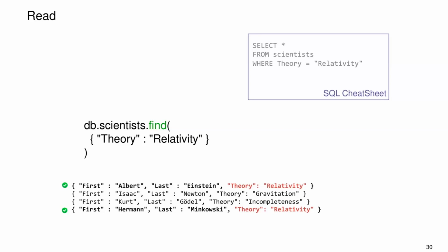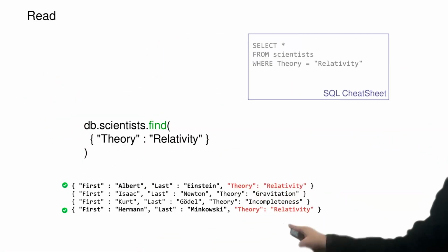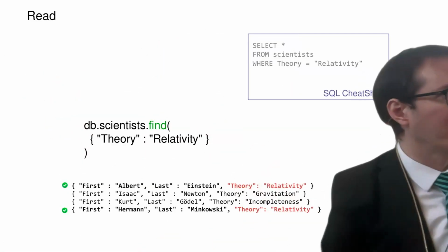In that case, you say, okay, I want theory to be equal to relativity. That would be in SQL where theory equals relativity, right? But in the API of JavaScript, you pass that as a JSON object, right? It's kind of a pattern that you're looking for in JSON. And that is going to return all of the JSON documents that match your filter, this one and this one, right?